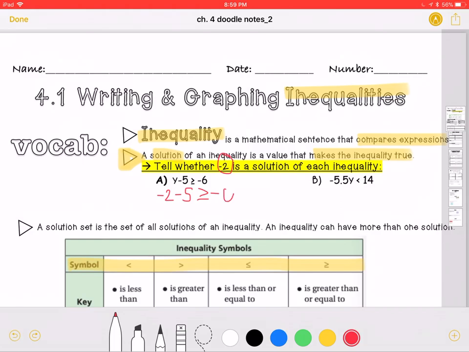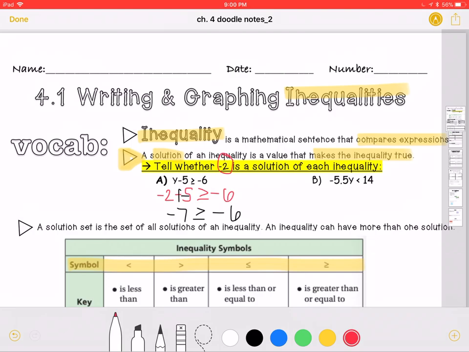So let's evaluate the left side. What does -2 minus 5 give us? Keep, change, change. -2 plus a -5 gives me a -7. Is -7 greater than or equal to -6? Yes or no?